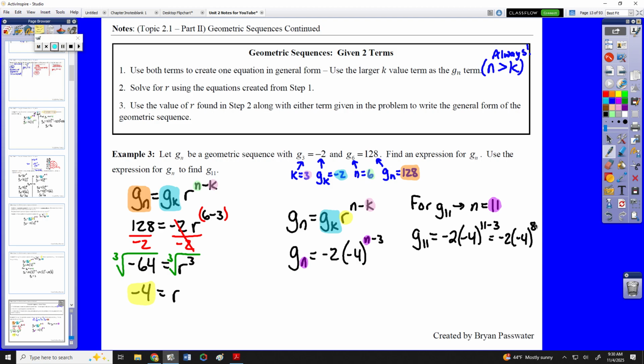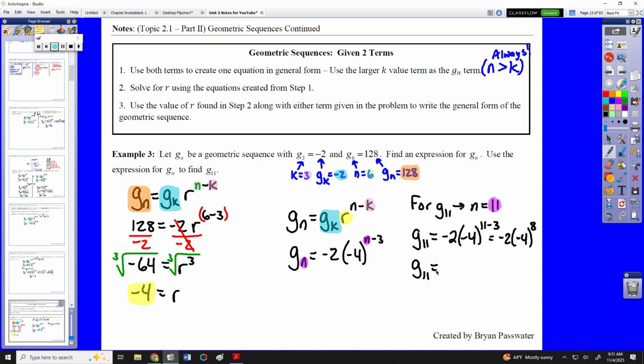Then for negative 4 to the 8th, we can just put this all in our calculator at one time. We need to feed that to our calculator carefully, and when we plug that in, make sure you're using parentheses around the negative 4. You also could do it step by step, but your calculator is more than capable of handling it.